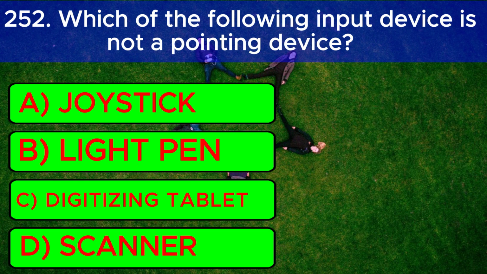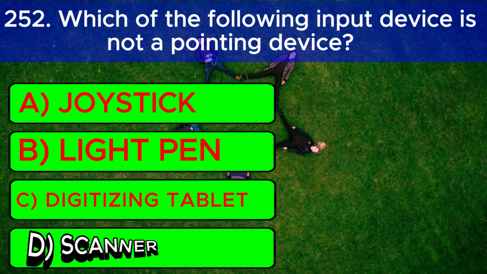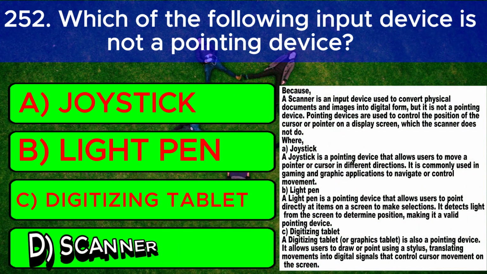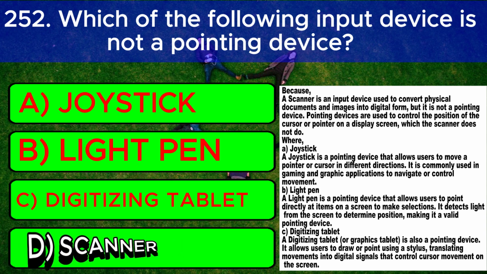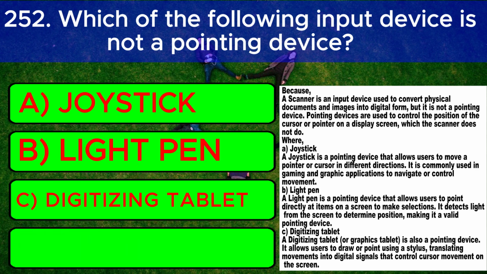And the correct answer is D. Scanner, because a scanner is an input device used to convert physical documents and images into digital form, but it is not a pointing device. Pointing devices are used to control the position of the cursor or pointer on a display screen, which the scanner does not do.